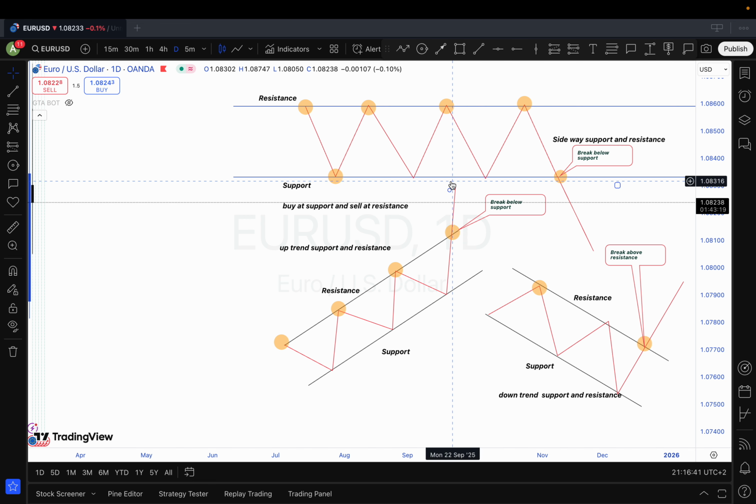We also have breakout and retest, but before we go to breakout and retest, let's go to the chart and find some breakouts in the market that have happened in the past. Don't worry about taking screenshots, I'm going to do that and send it.